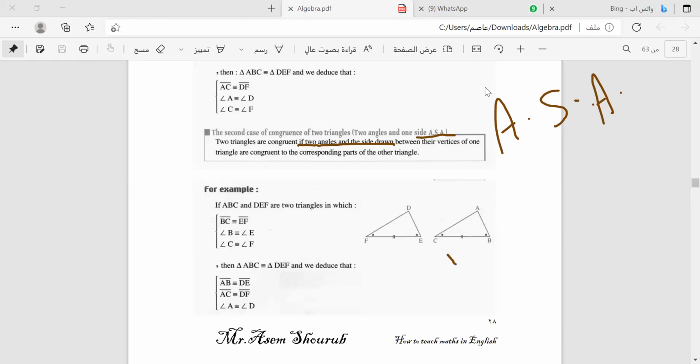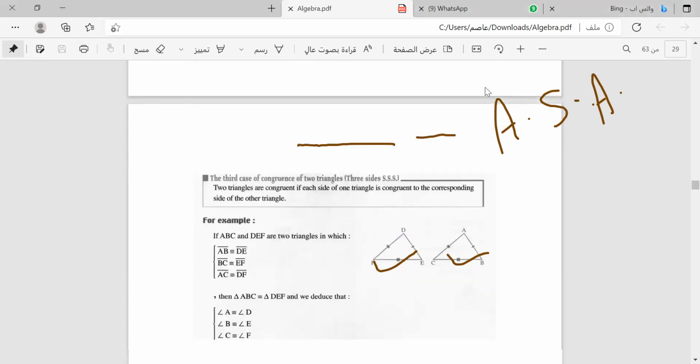In this figure, measure of angle B equals measure of angle E. Measure of angle C equals measure of angle F. And BC equals EF. So we used two angles and side. Now the two triangles are congruent. So the second case, ASA, angle side angle, or two angles and side drawn between their vertices.